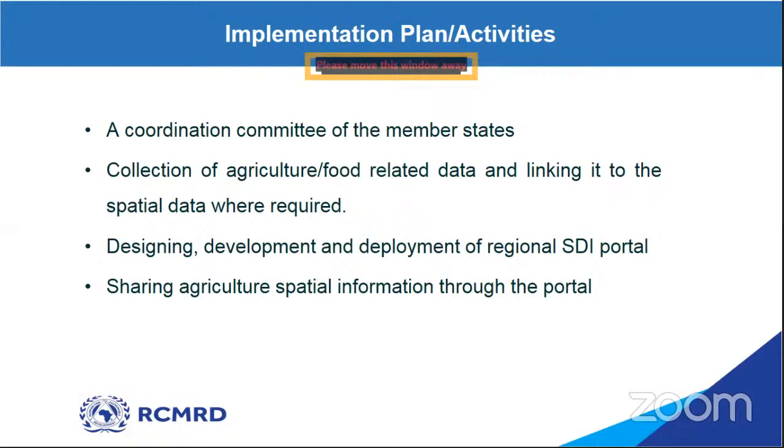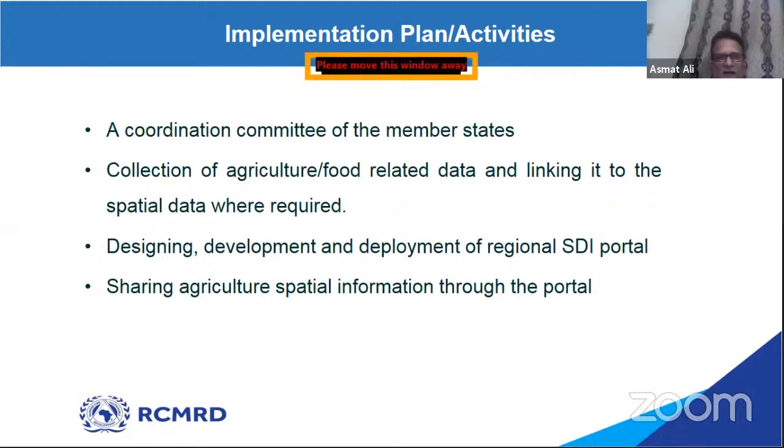Okay. The next step is the collection of agriculture or food related data and linking it to spatial data attributes. Then we have to design, develop, and deploy a regional SDI portal.